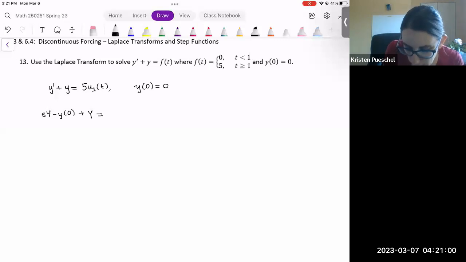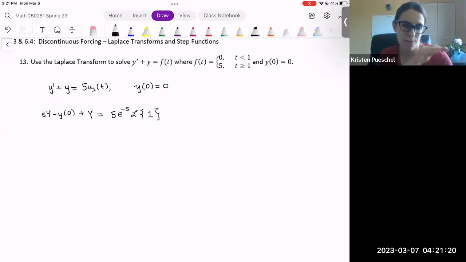Well, we can use our formula for this. Here our function is equal to 1. So this is going to be 5e to the negative s times the Laplace transform of the function 1 that's been shifted. But if you're constantly equal to 1, there's no shifting going on. And so this is going to be 5e to the negative s times 1 over s.